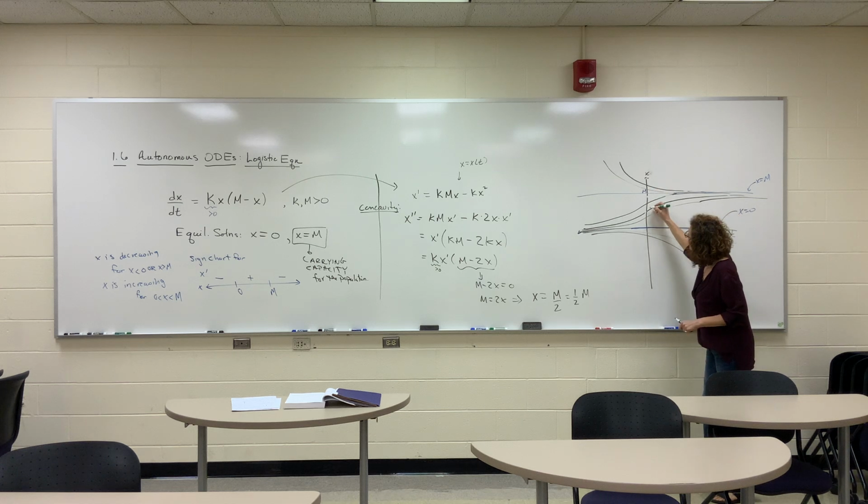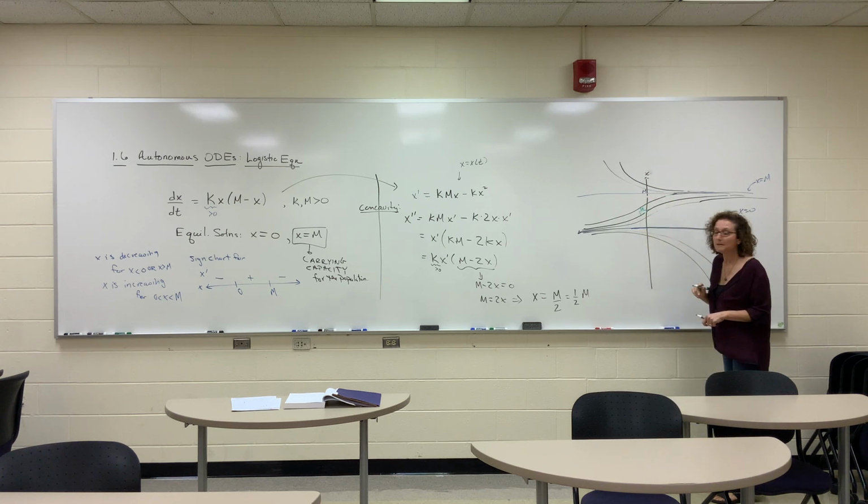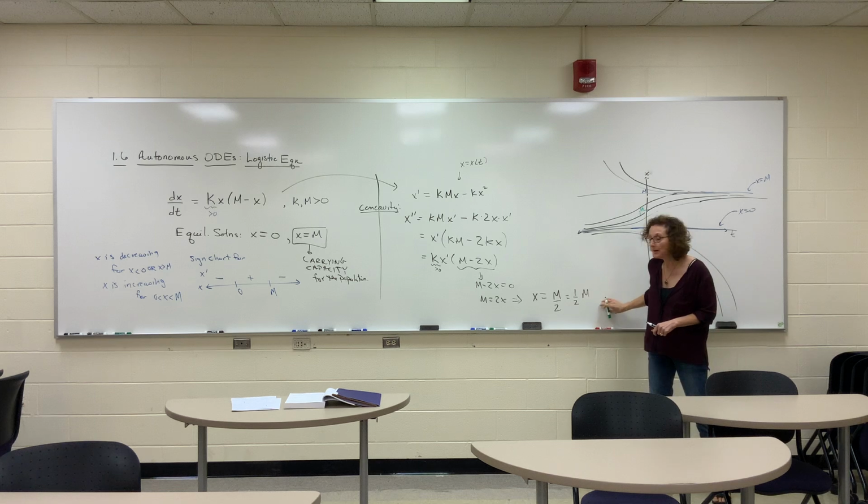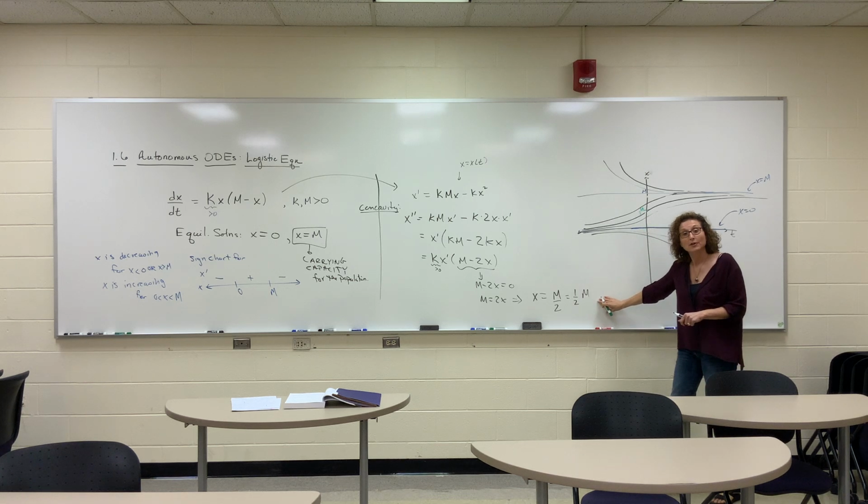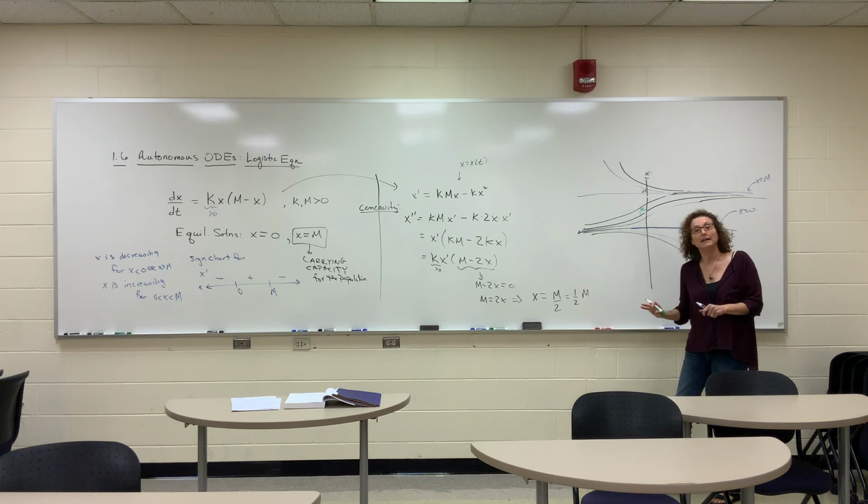And the change in concavity is going to happen at 1/2 that distance, right? So that's when things are going to turn, when the population reaches half of the max, that's when this model predicts the turnaround point, the beginning of the flattening of the curve.